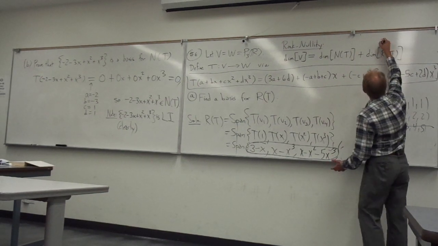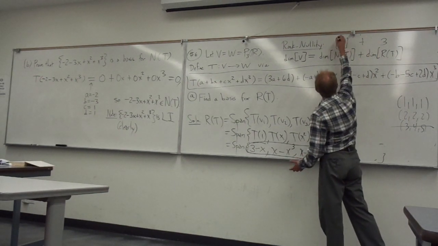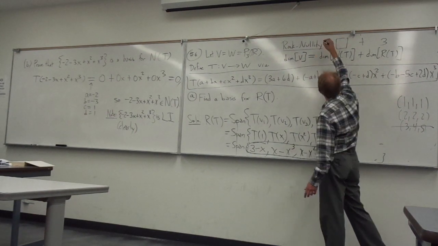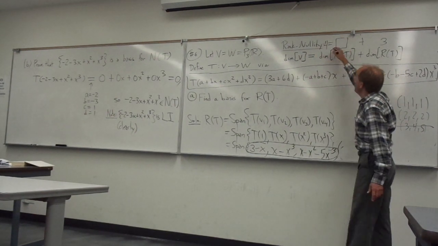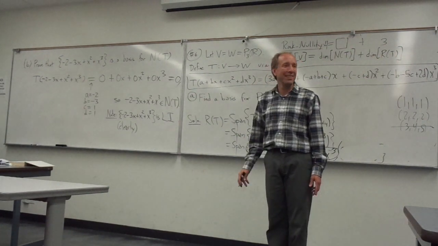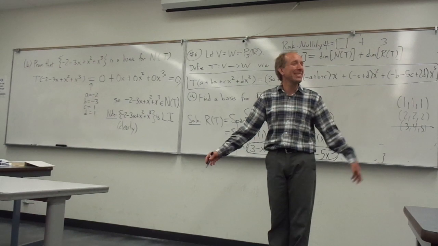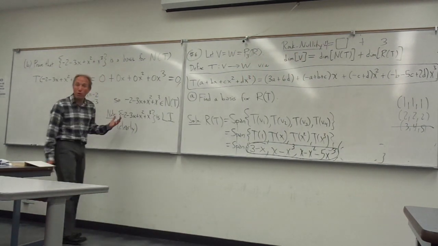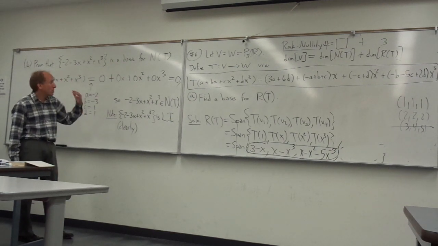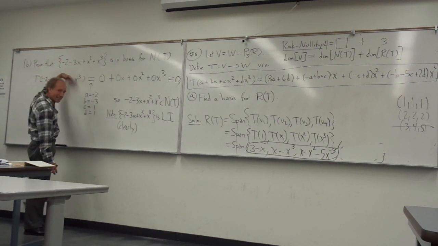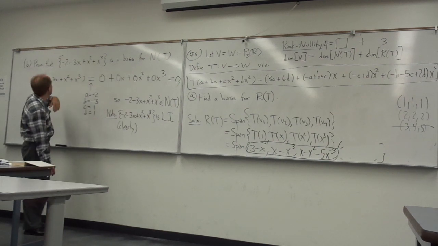So this one is a 3 plus whatever this number is has to equal, what's the dimension of V? 4. So my nullity is one-dimensional, and I found one vector in it. So that's your basis. Isn't that clever? So you don't actually have to find the whole null space directly. You can just simply say, here's one vector that's in the null space, and that has to be a basis for the whole entire null space.